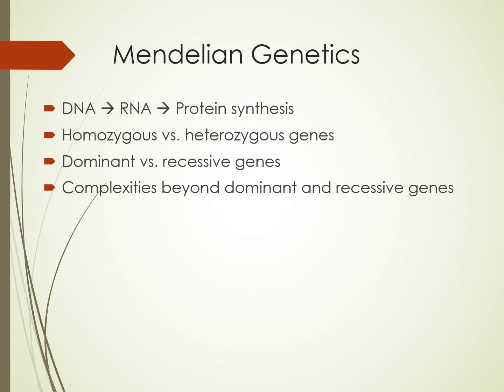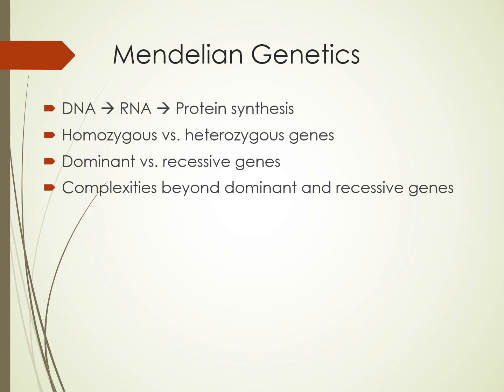So just where we are, we've gone through most of what I want to say about Mendelian genetics and how we inherit our genes. But we've gone through some more specific things here about DNA being transcribed into RNA, which then gets used as the template for protein synthesis, which is making up who we are, really, our proteins.